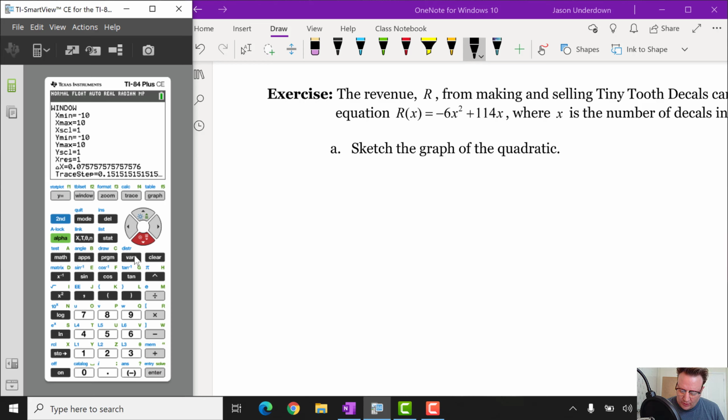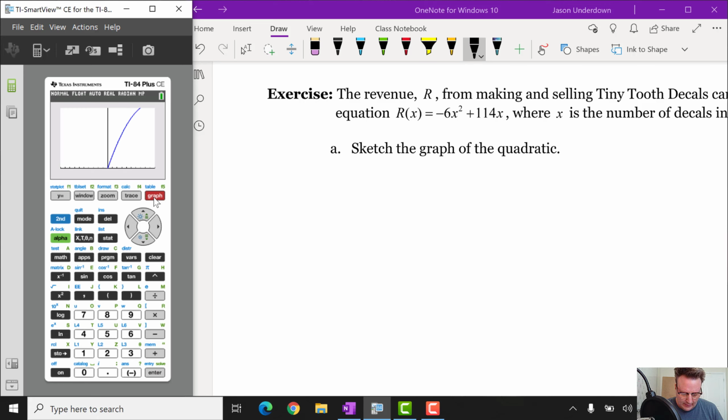I know this is a parabola that opens downward, and I know one of the zeros is at 0, because I can factor an x out of both of those terms. So we should really go from 0 up to something on the x-axis, and the y-axis also from 0 to maybe 500. So let's try graphing that.